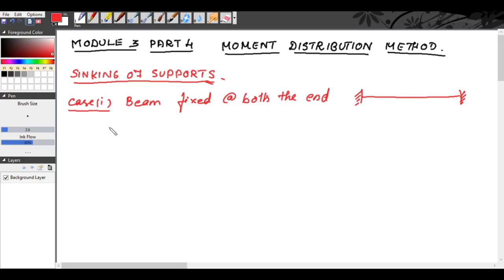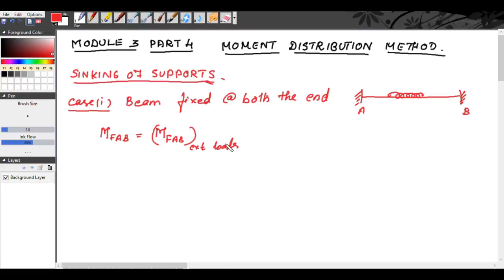Suppose you are taking this end as A, this as B, and we have some unit load, concentrated load or UDL, then our fixed end moment MFAB becomes this fixed end moment because of the external loads. That is what we have done so far.